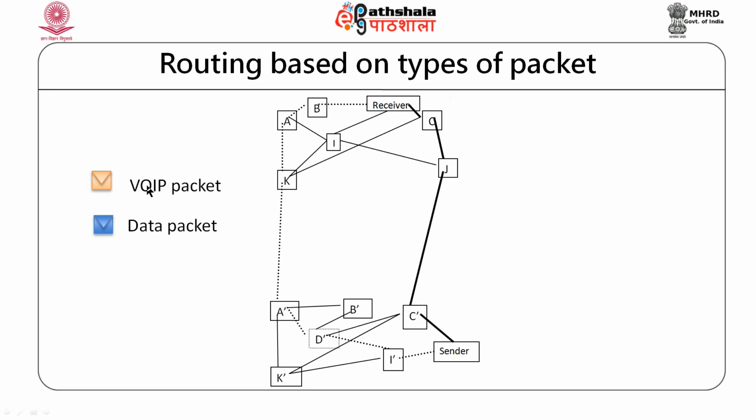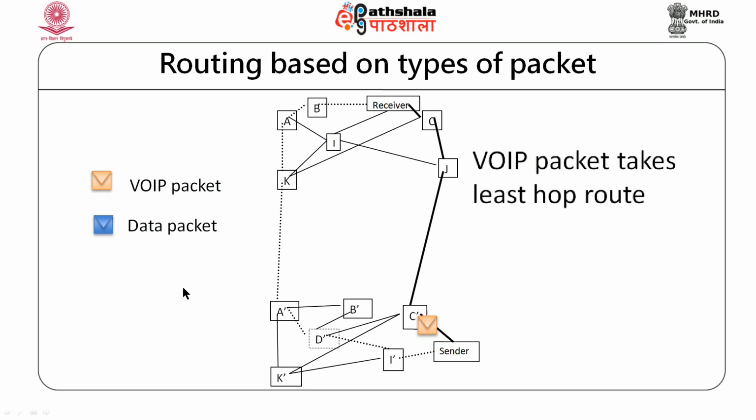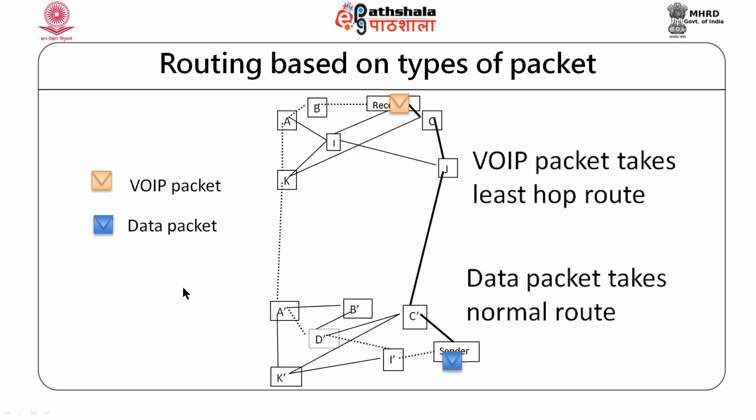VoIP does not demand large bandwidth, but it wants quick delay. Okay, it should be delivered quickly. So, for example, VoIP takes the least hops, you can see that it travels here, and the data packet takes this route. Okay. Same sender, same receiver, the paths are different.